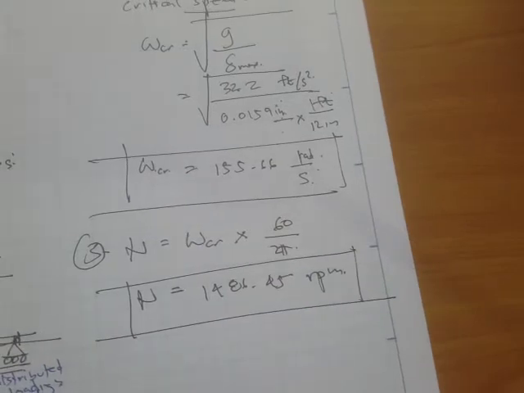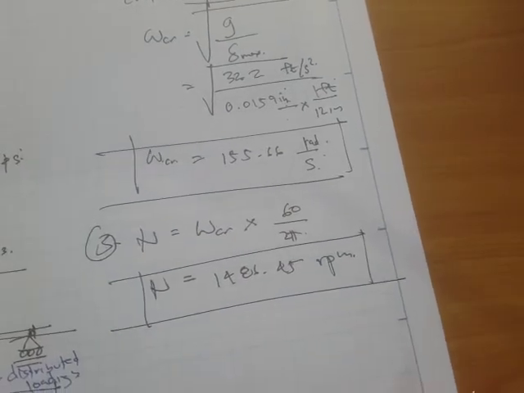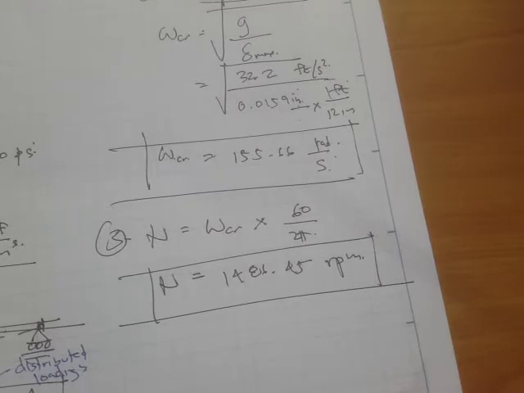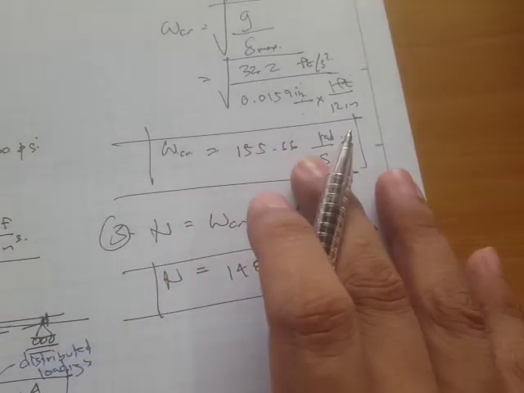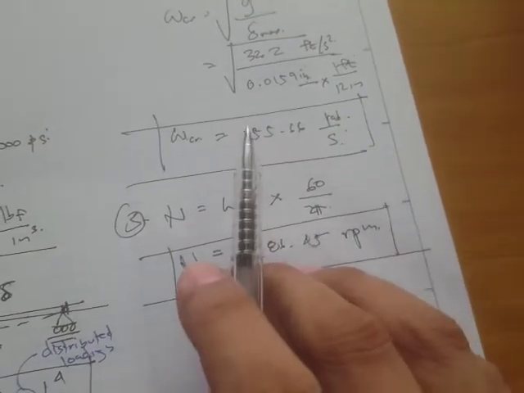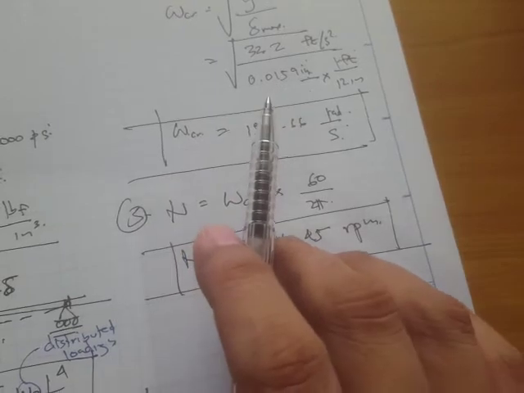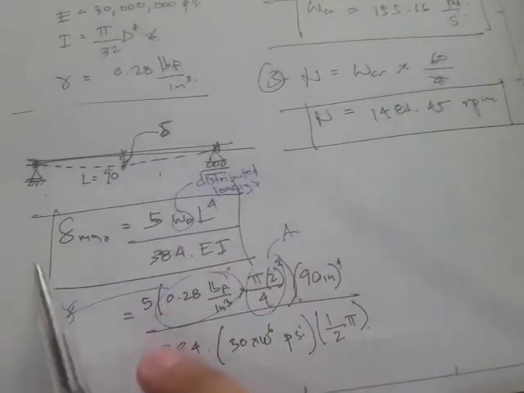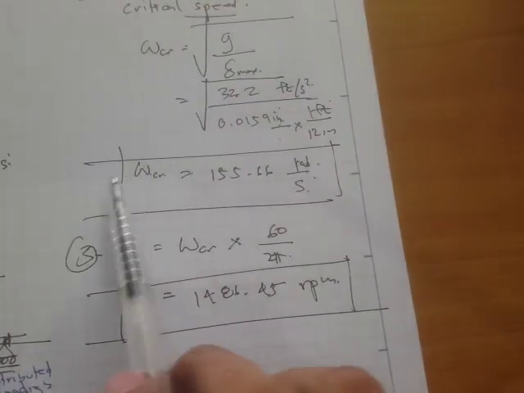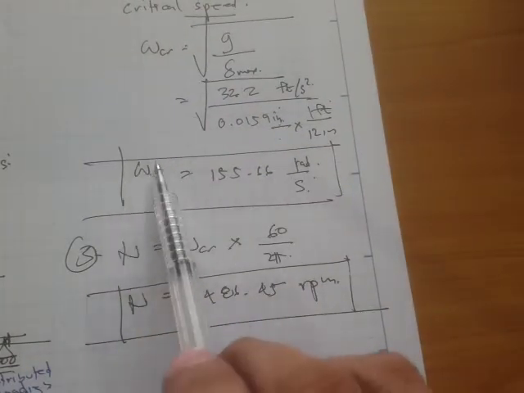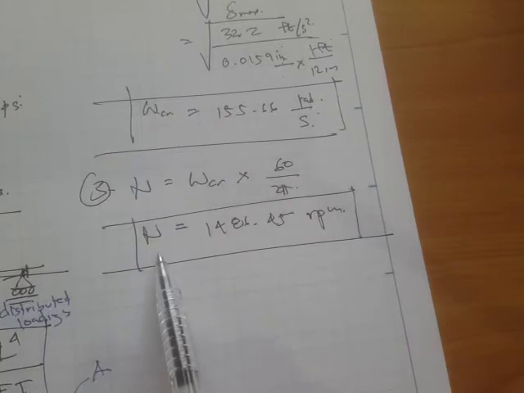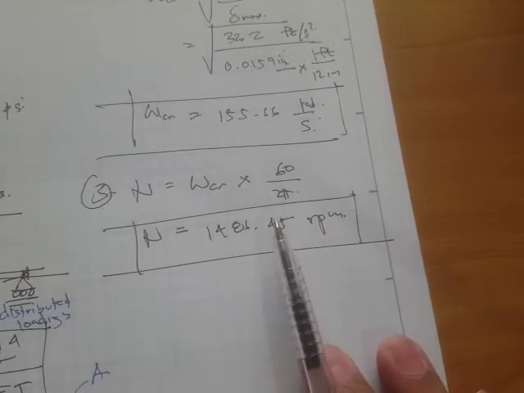So it seems that the problem in solving the critical speed actually lies in finding the deflection. Once you have the deflection, then you can solve the critical speed and the rotational speed in RPM.